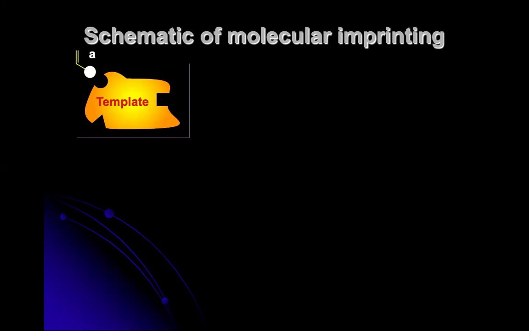You like the cookies to be in flower shapes or star shapes, so you have what we call the template. Then during the polymerization process, the template, with the specific shape that you want, is put inside a monomer solution.